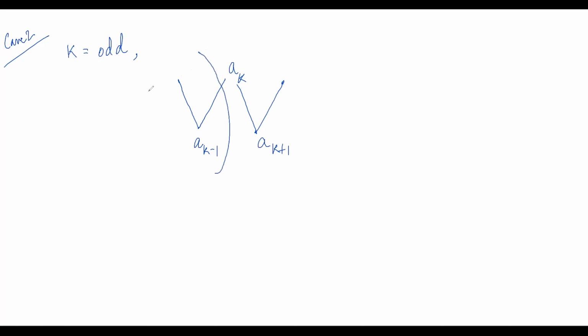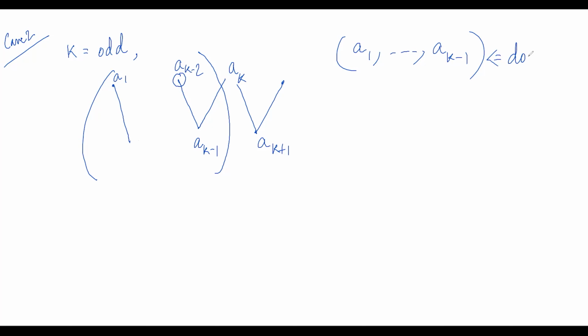If we look at a1 till a k minus 1, now k is odd, so k minus 1 is even, and so if you go backward, it would end above. So a1 will be starting from above, and it will come down and then go up and finally end at a k minus 1. So this will be a down up sequence.